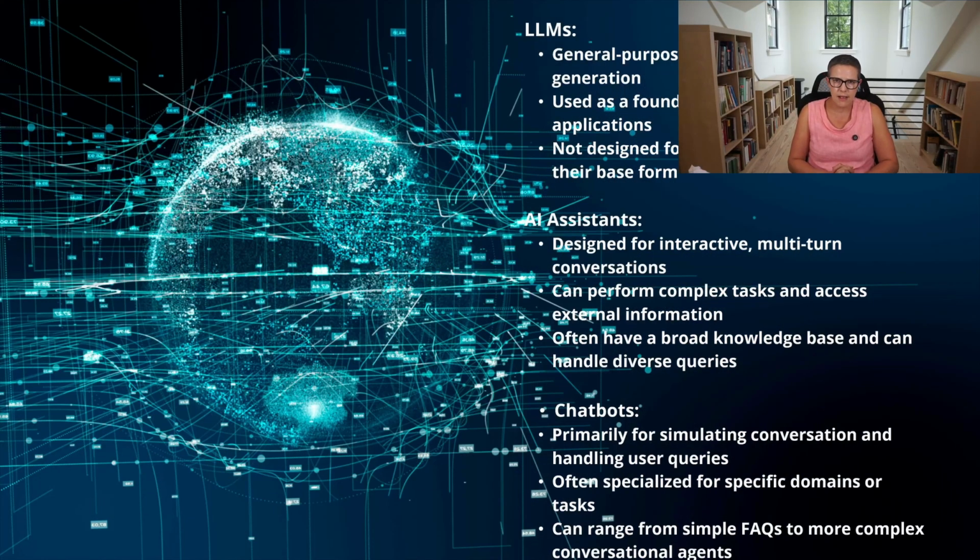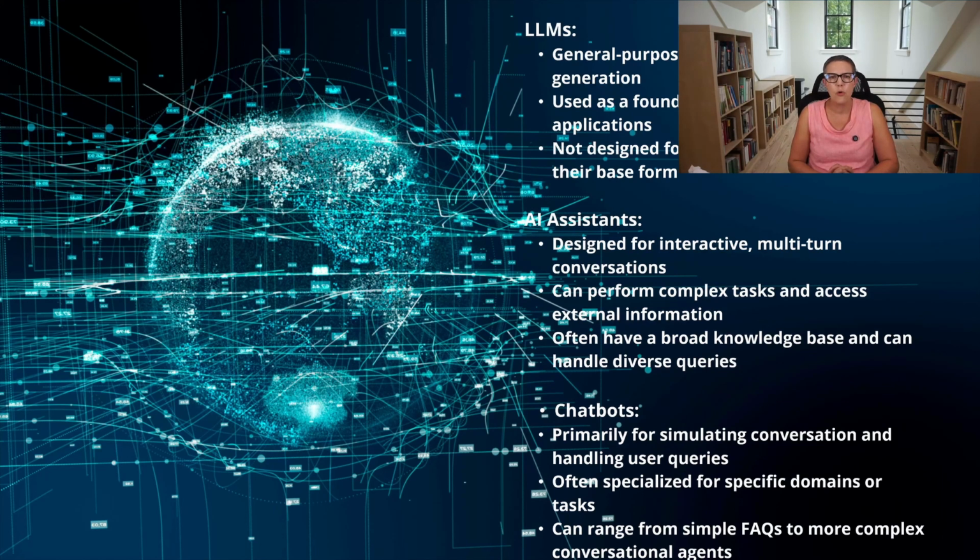To compare LLMs, AI assistants, and chatbots, LLMs are the most complex and versatile. They require significant computational resources and can perform a wide range of language tasks. AI assistants are built on top of LLMs with additional features. They combine LLM capabilities with specialized functions and integrations.